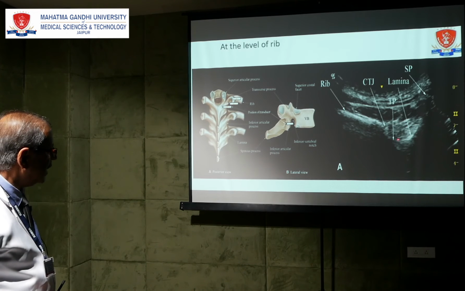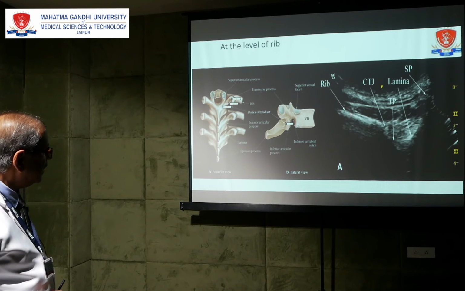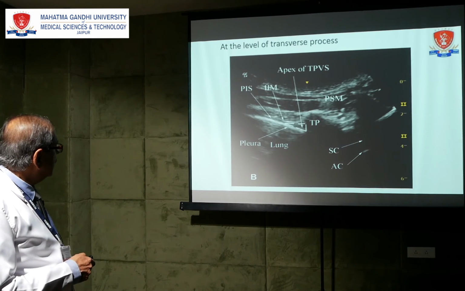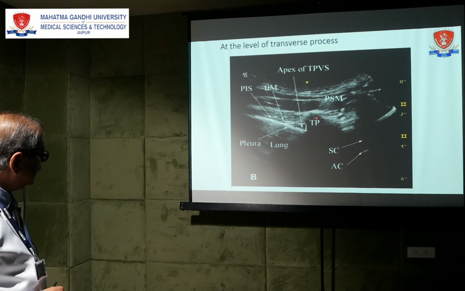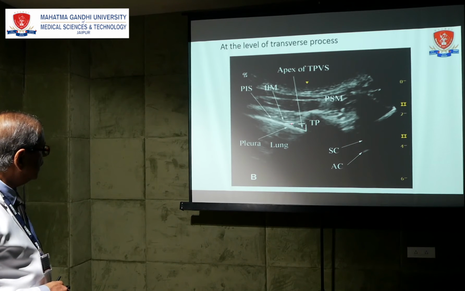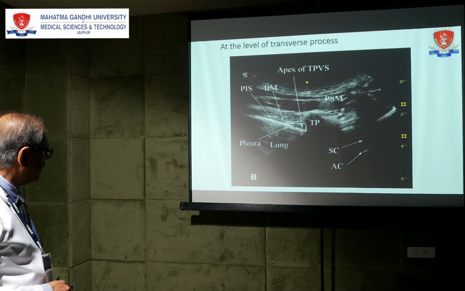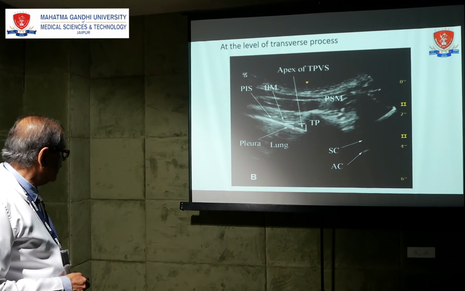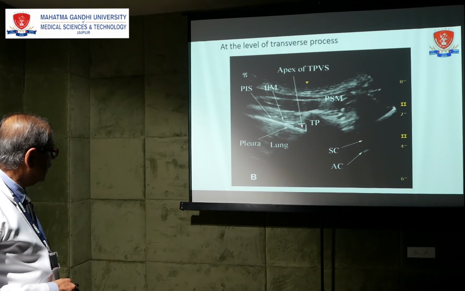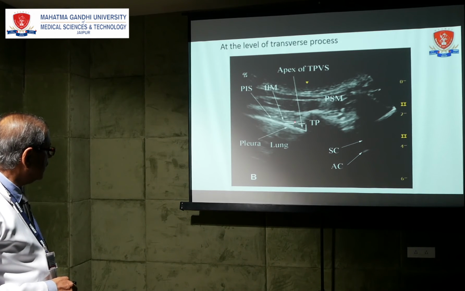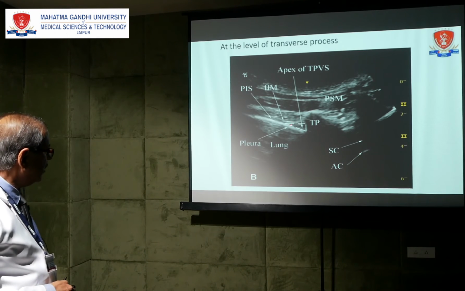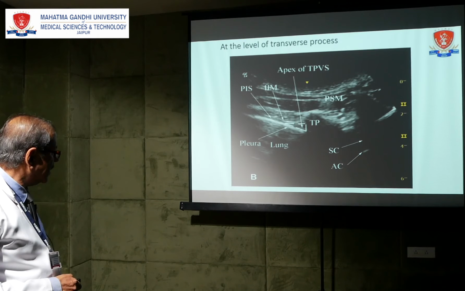This is the shining lamina, this is the rib, and when you come at the level of transverse process, this is how you see the wedge shaped paravertebral space, and this is the shining pleura, and this is the intercostal membrane continuing with the superior costotransverse ligament.